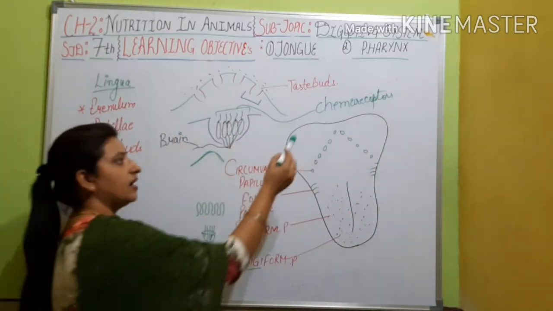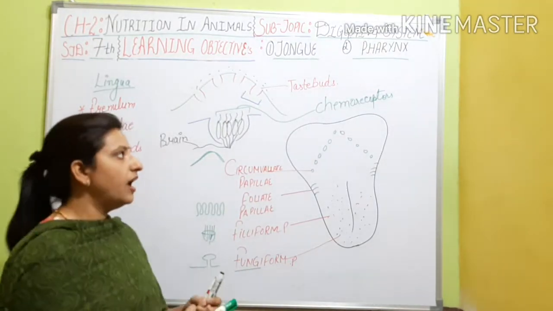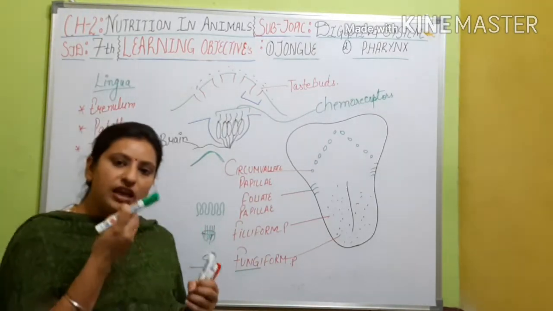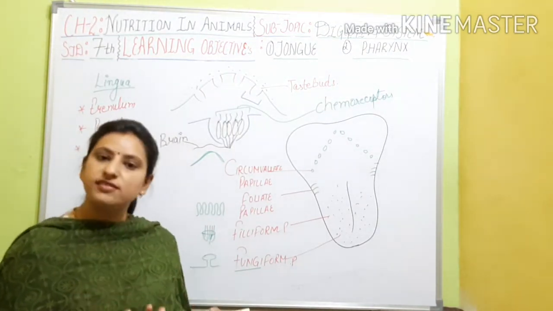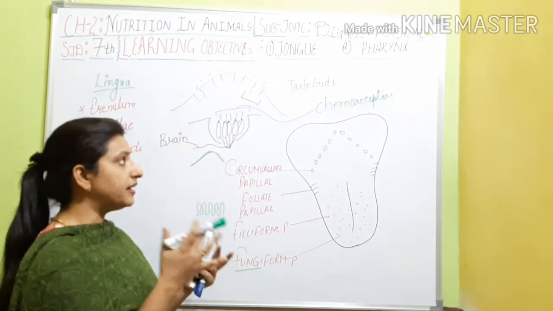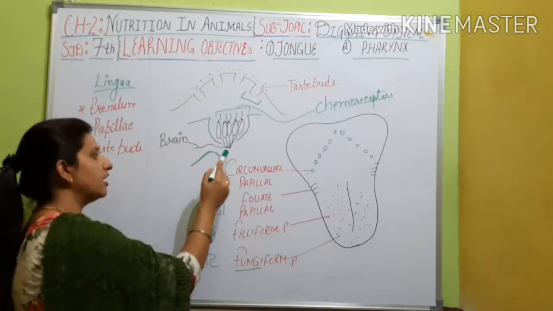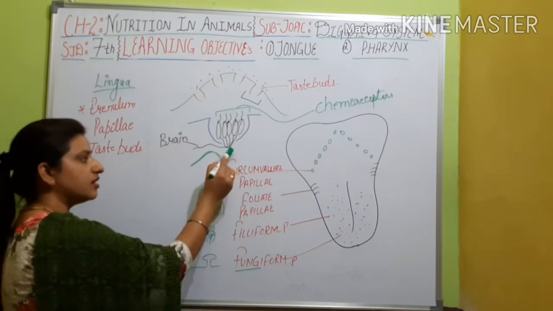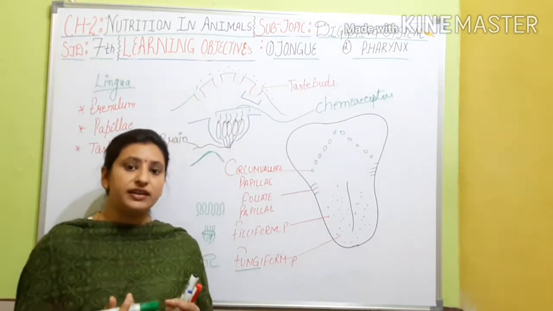They help us to find out the taste of the food we are eating. When anything we eat mixes with the saliva, because food releases chemicals, and that chemical is detected by the chemoreceptor, the chemoreceptor will send a signal to the brain with the help of these nerve cells, and the brain will help us identify the type of taste.